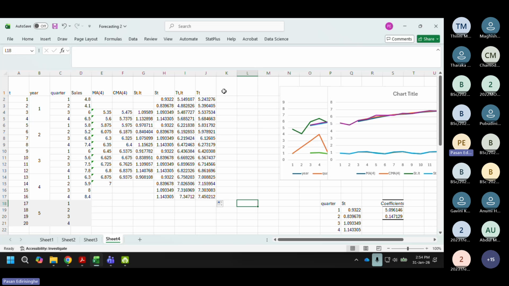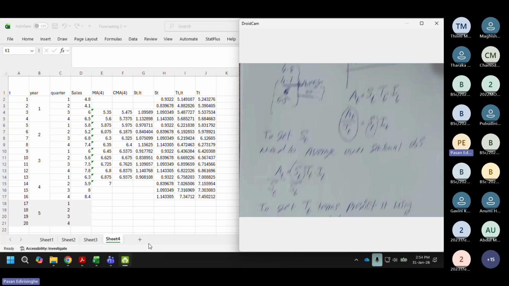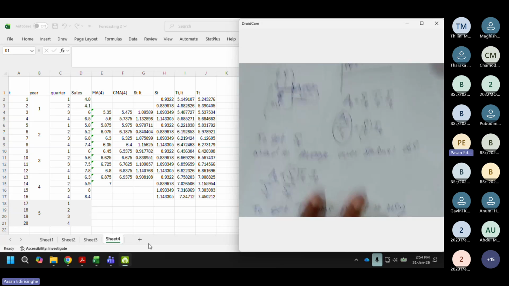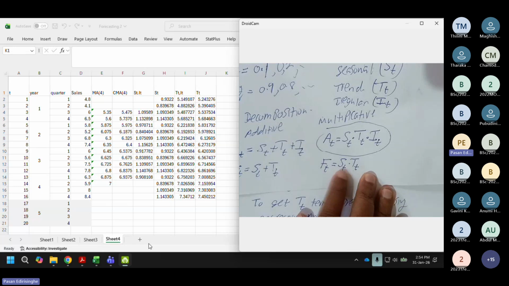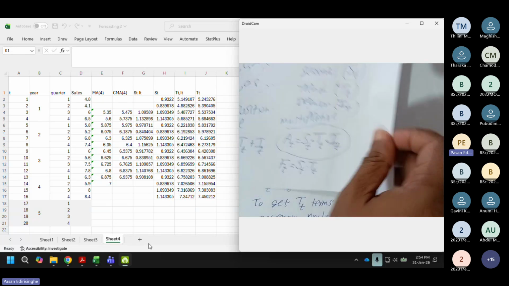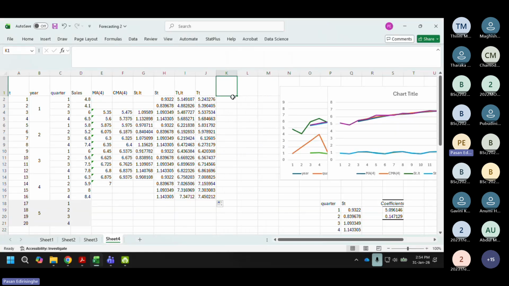And then what next we can do is, for the forecasting, as I mentioned, what we need is ST times TT, right? So we already have it, right? So ST and TT we already have, right? So then we can do the forecasting here. It's the product of these two.